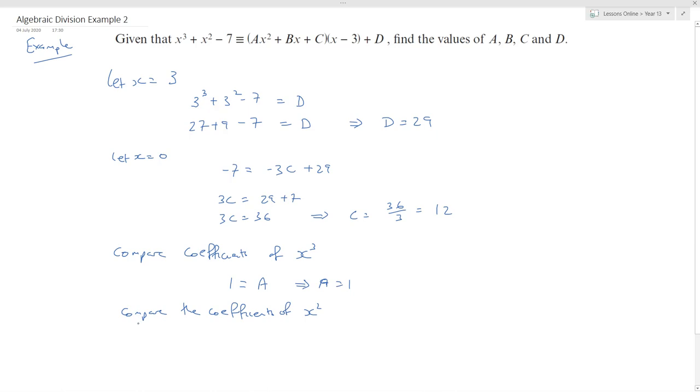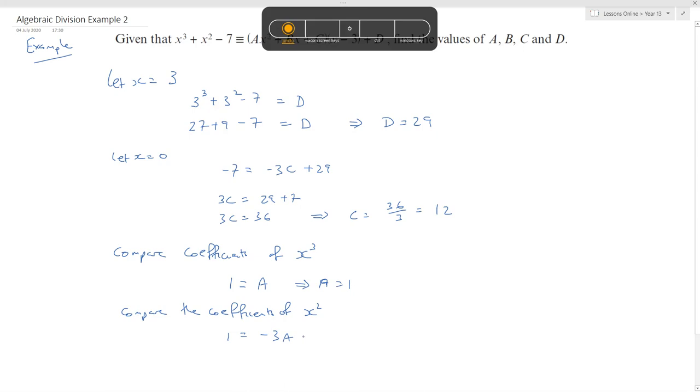On the left hand side, I've got just the x squared, so again 1 is equal to, on the right hand side, I've got ax squared times minus 3 gives me minus 3ax squared. So I've got a minus 3a, oops, I don't need the x squared, it's just the coefficients.